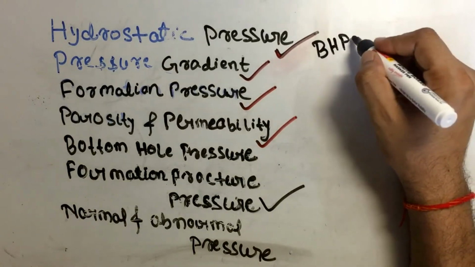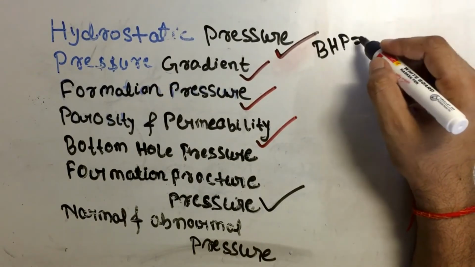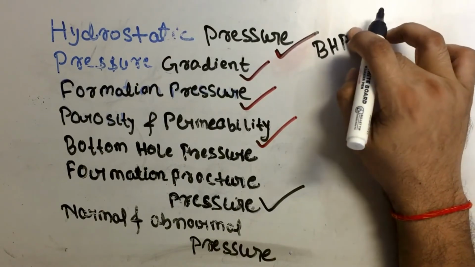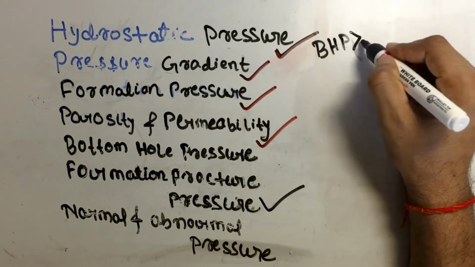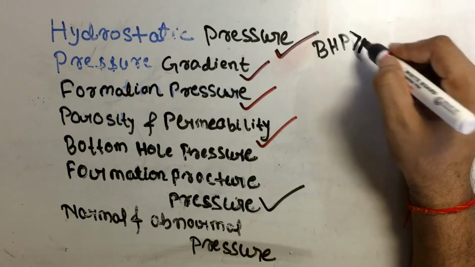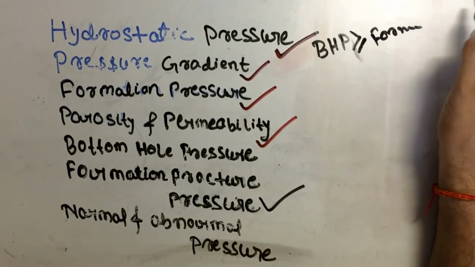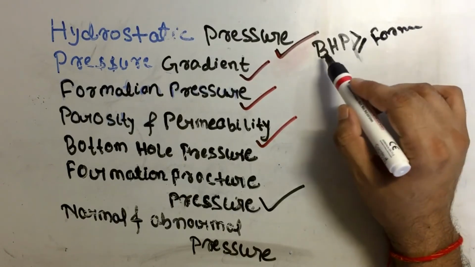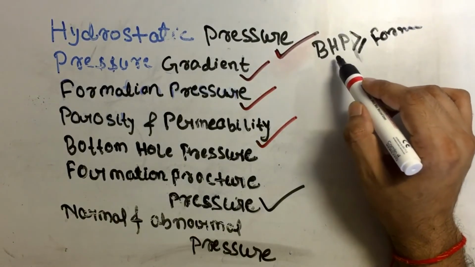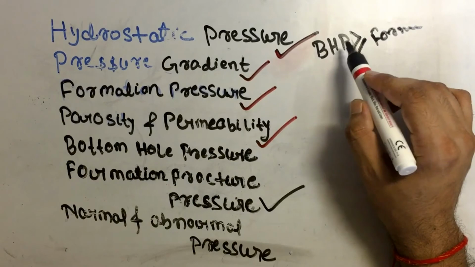Already I have discussed BHP. If BHP is equal or slightly more than the formation pressure, then this is the normal or overbalance condition.